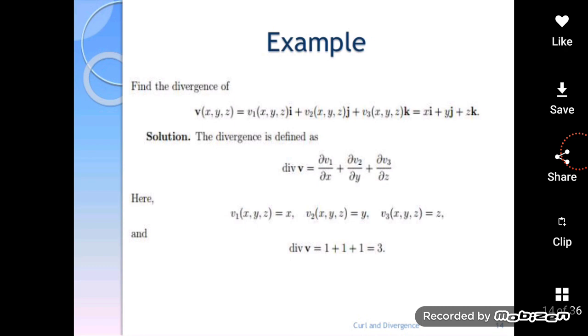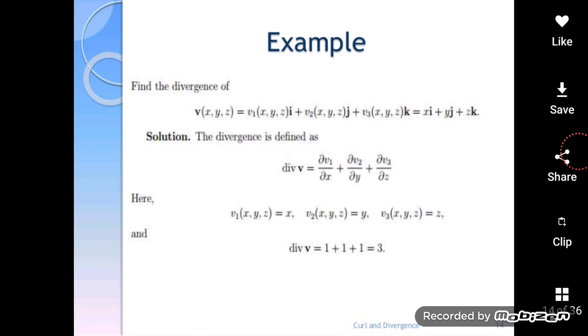Suppose we have v as a function of xyz, where v equals v1 of xyz i plus v2 of xyz j plus v3 of xyz k, or v equal to xi plus yj plus zk. The divergence of v is equal to del by del x of v1 plus del by del y of v2 plus del by del z of v3.